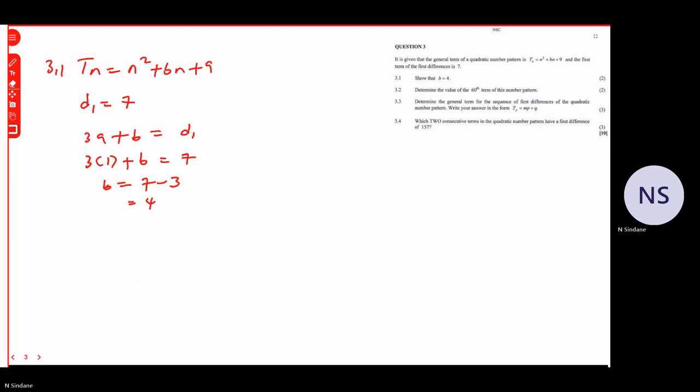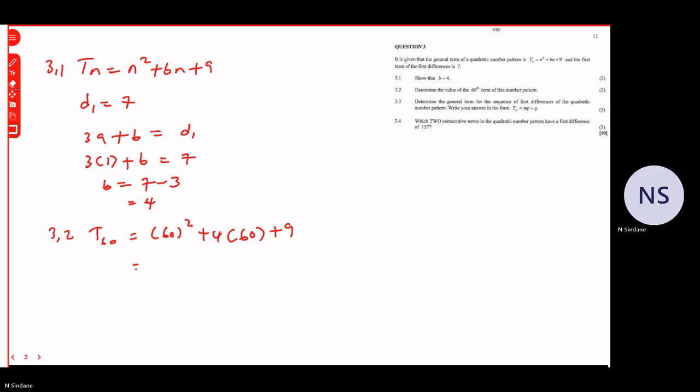Then the next question, 3.2. They want us to determine the value of the 60th term of this number pattern. So T60 is equal to 60 squared. Where there's b, I know b is 4, so this will be plus 4 into 60 plus 9.